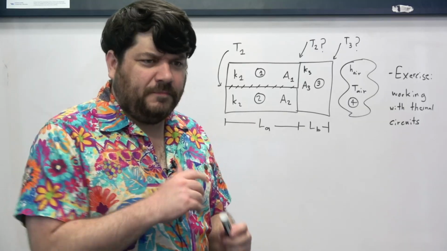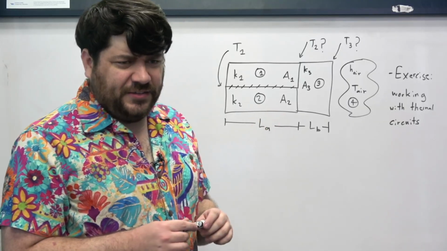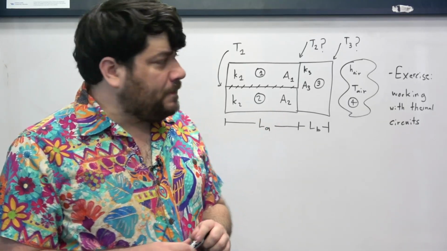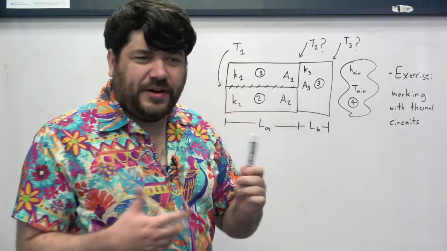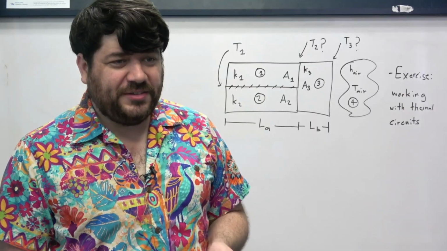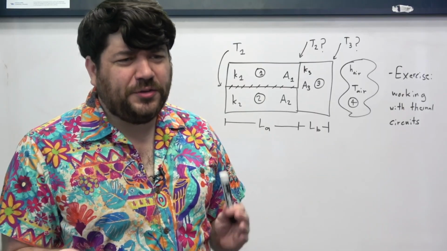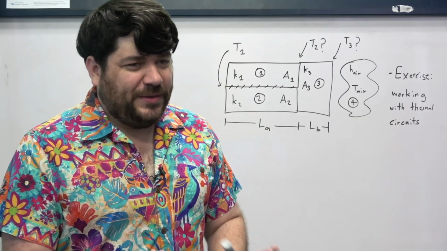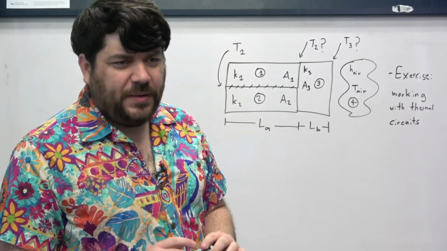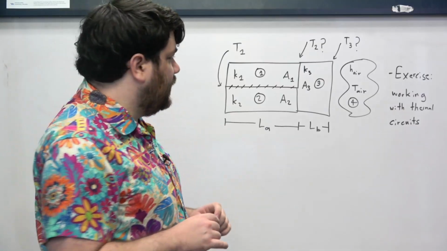So, first step, is everything in this setup steady state? Well, it doesn't look like we have any temperatures or material properties that vary over time. At least we're not told so explicitly. So it makes sense to try to assume steady state. And then if we get nonsense answers, then we might say, oh, maybe the system isn't actually in steady state. But we can just assume that for now.